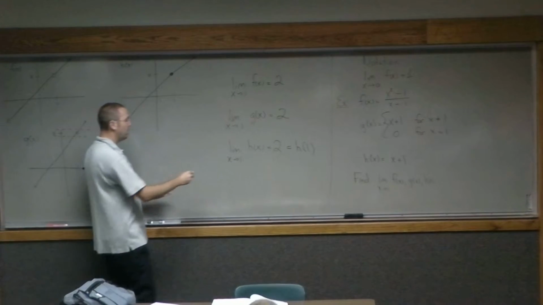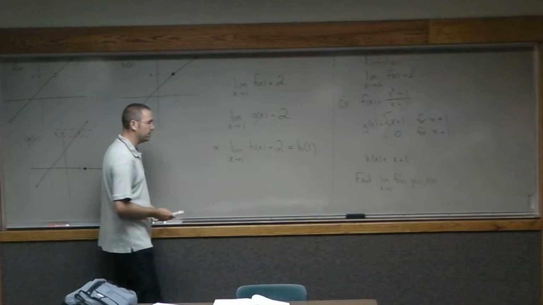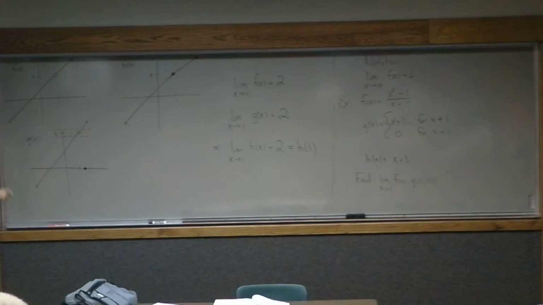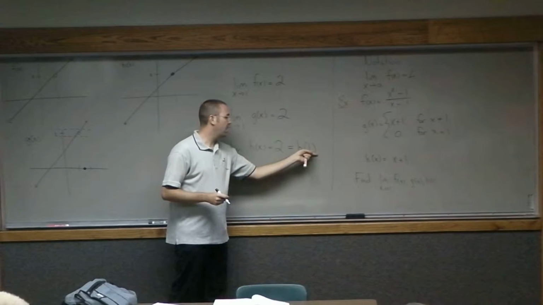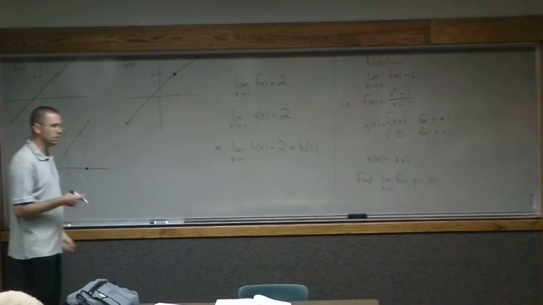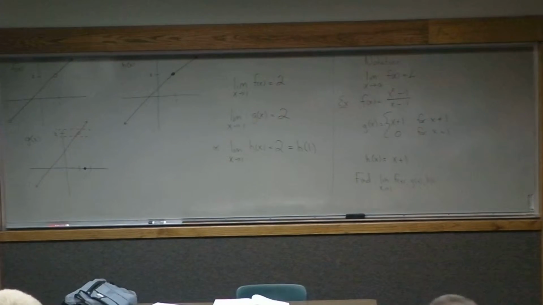This is something that has a lot of significance in calculus and something that we're going to utilize a lot as we move forward. It's always nice when we can just plug the limiting value into the function and get the same value as the limit. It doesn't always happen, as we saw with g of x. When it does, good news.